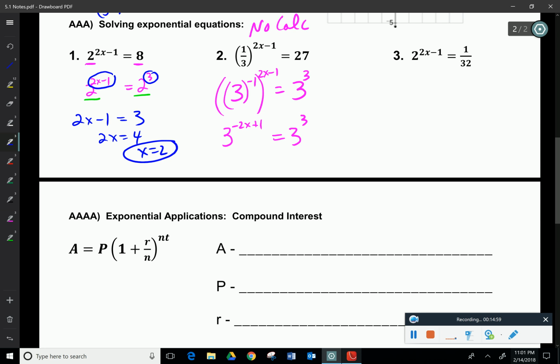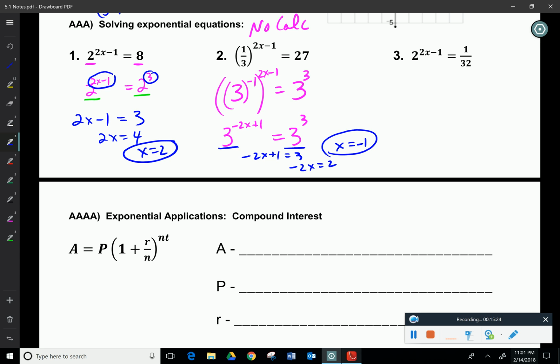Well, there it is. I've got my bases the same, so now I can just set the exponents equal. So somehow -2x plus 1 has to equal 3. So I think, let's see, -2x, if I subtract 1, is 2, and so x equals -1. Okay? So let's go one more.